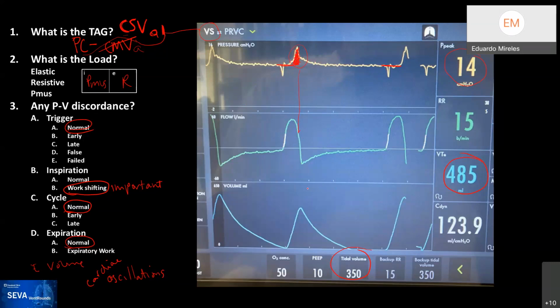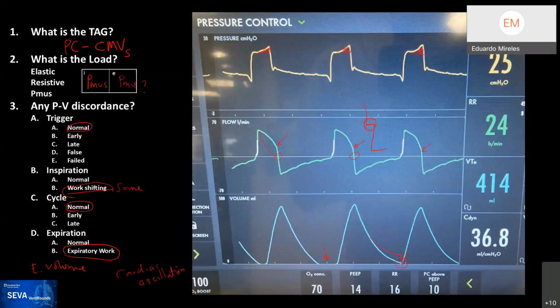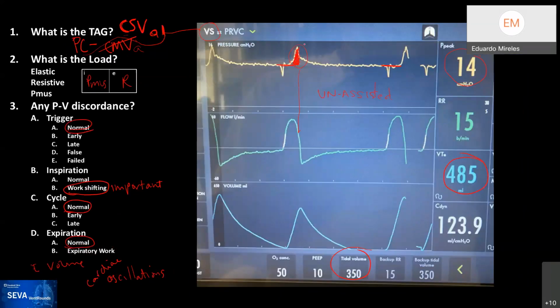Any concerns about that, Rob? That's exactly right. And getting back to our theme, this is not assisted breathing, even though you think it is. It's exactly an unassisted breath, and this is a good example. So assisted, unassisted, assisted, unassisted, even though the pressure went above.